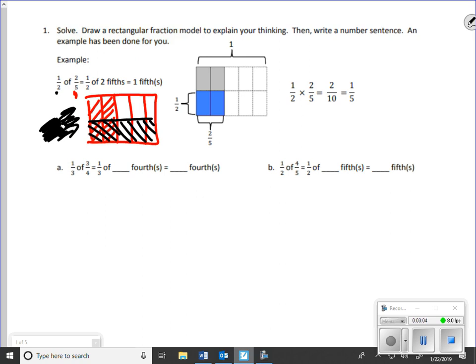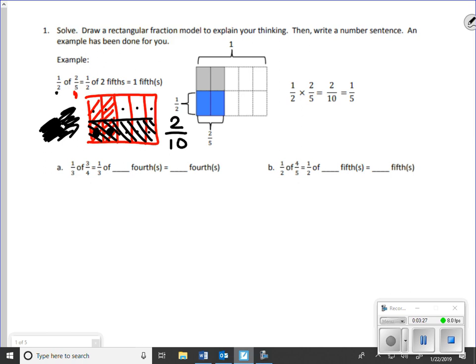The ones that are double shaded, this one and this one. So I've got 1, 2 out of a total of 1, 2, 3, 4, 5, 6, 7, 8, 9, 10. 2 out of 10.